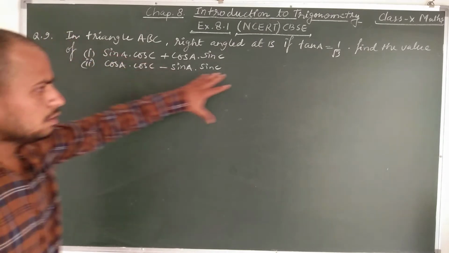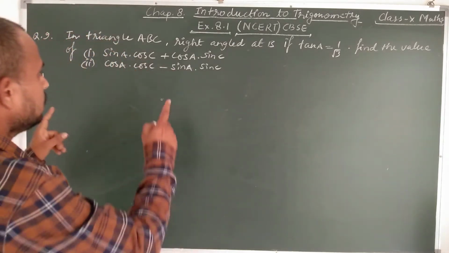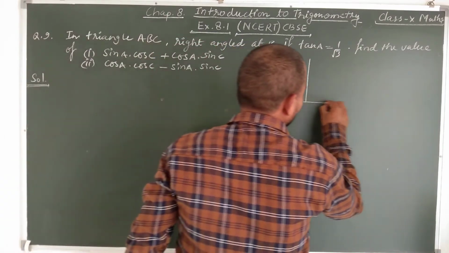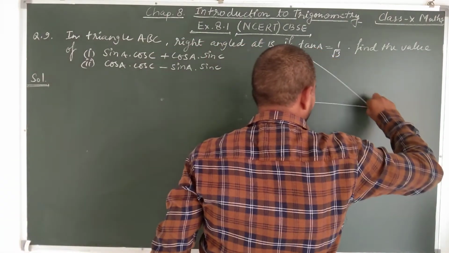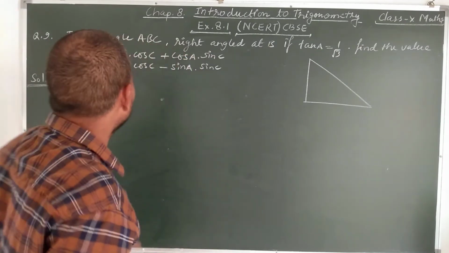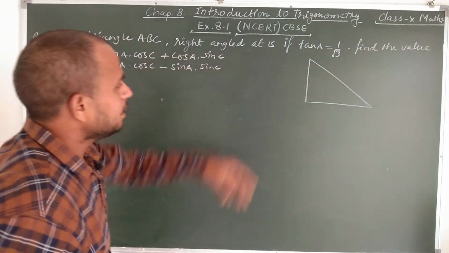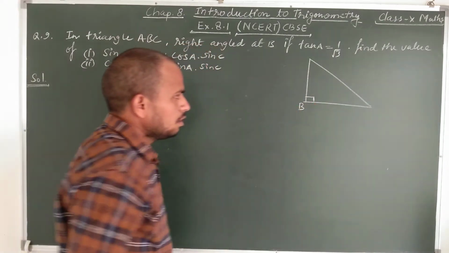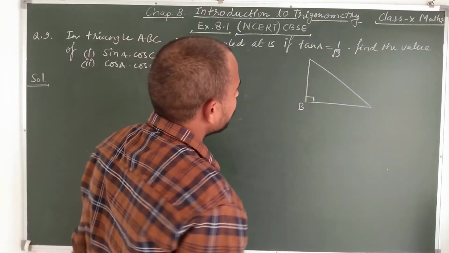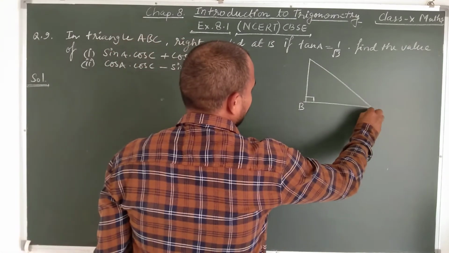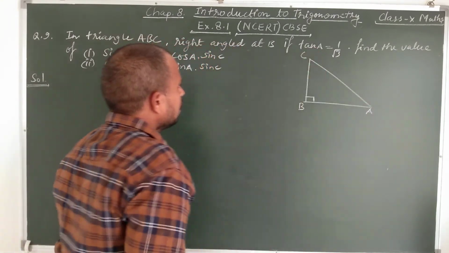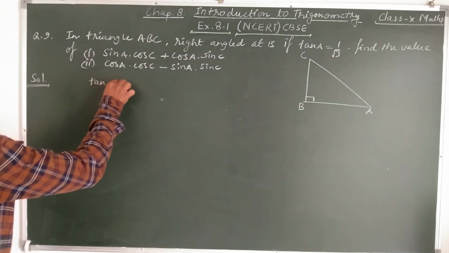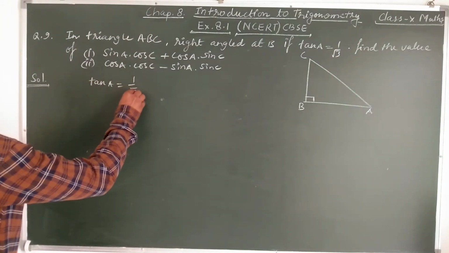First of all, we draw a rough diagram in this question. We have a triangle with the right angle at B, and tan A equals 1 upon root 3.